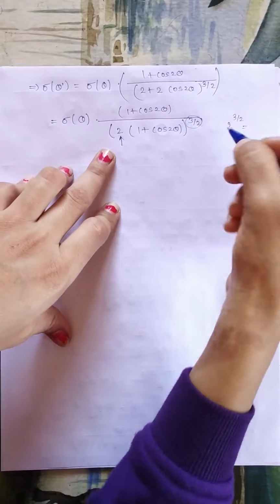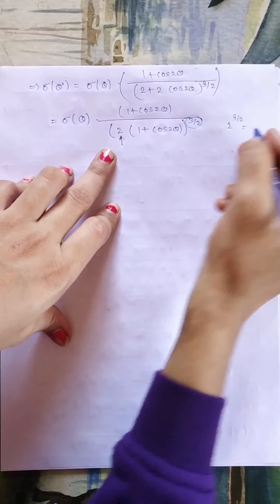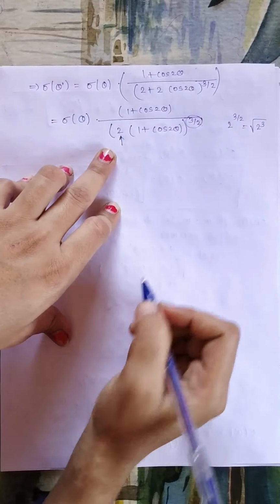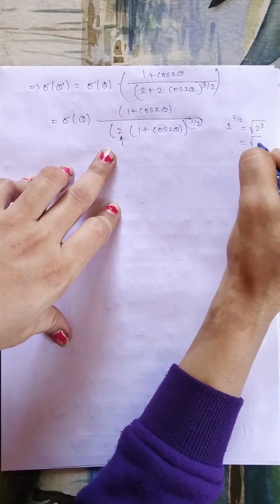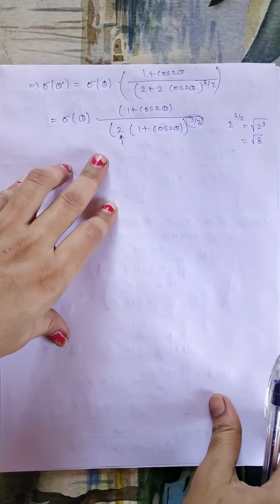So this will be equals to cube of 2 and it will be inside the root, means here this is the form. So I can write it as root 8 because cube of 2 is 8.